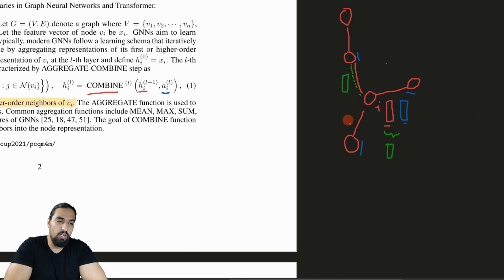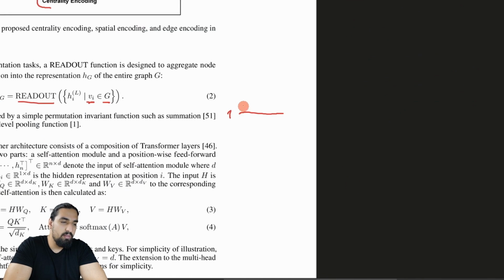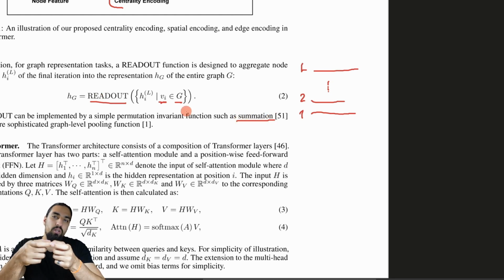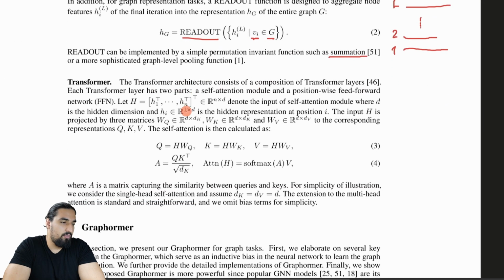You do those aggregations, and you combine them, and you repeat that multiple times. So you have layer 2 all the way up until layer L, whatever that number may be. Then you take the node feature vectors from that layer and, for example, sum them up, and that will be a readout function. So you have a single vector which you can then use to maybe regress something or whatever. And that's how the pipeline roughly looks for graph neural networks.